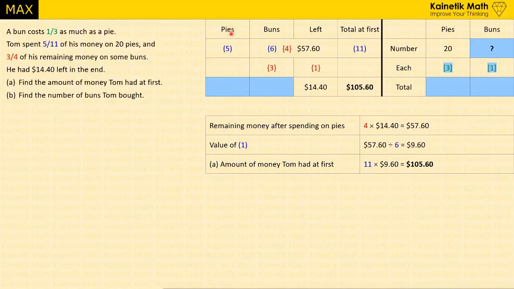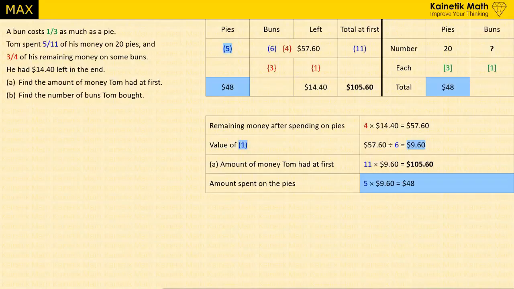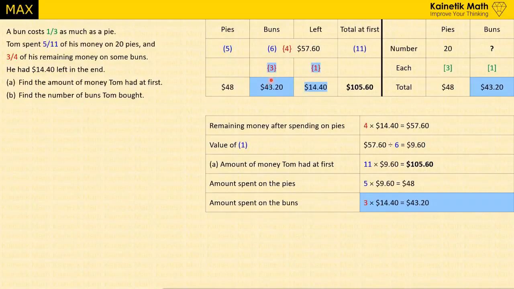Okay, so for the pies, it's very clear. 5 parts in blue is what we need to find, and we knew that 1 part is 960. Okay, so we just take 5 times 960. That will be the amount spent on the pies, which we can write over here as well, because these two boxes represent the same total amount for the pies. Okay, and let's find out for the buns as well. So for the buns, we'll be looking at the 3 units in red.